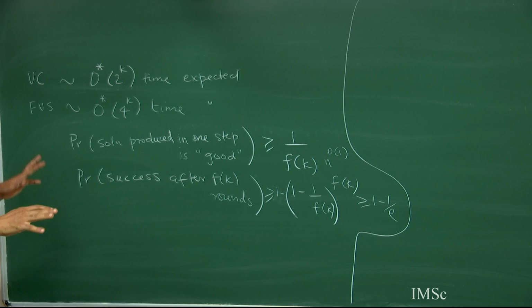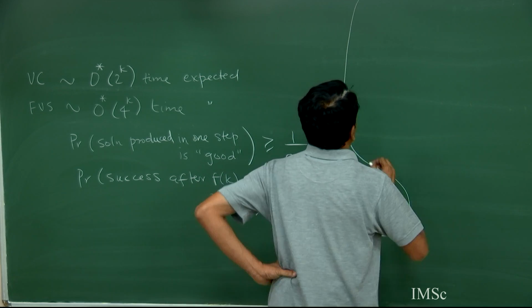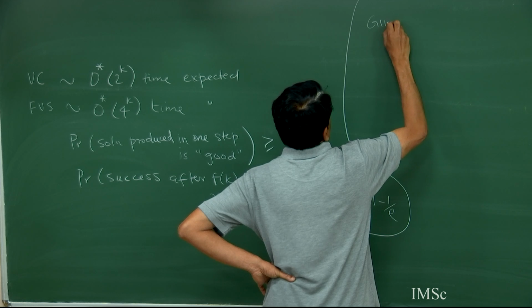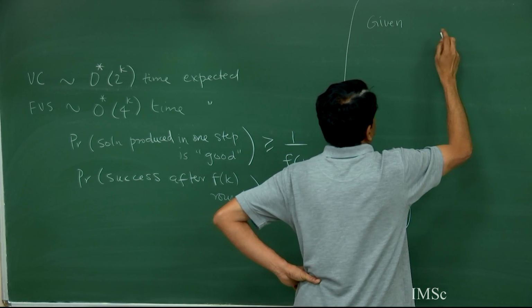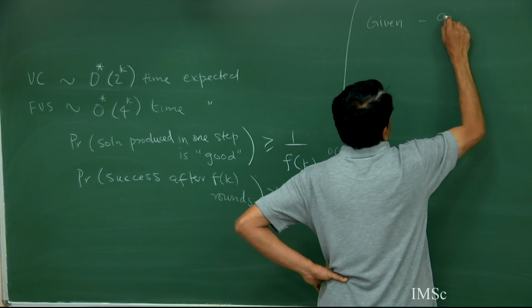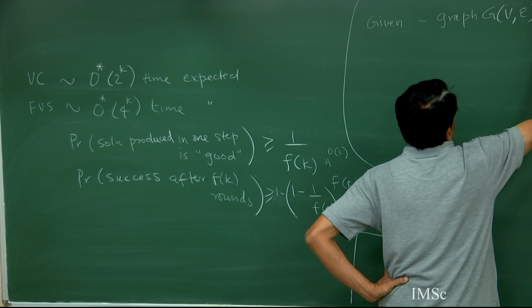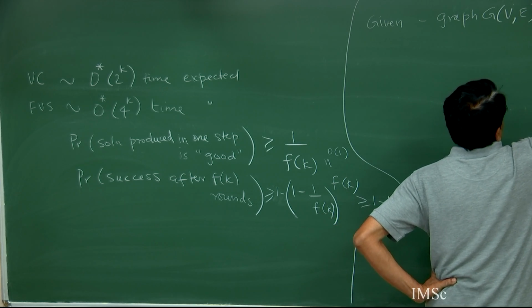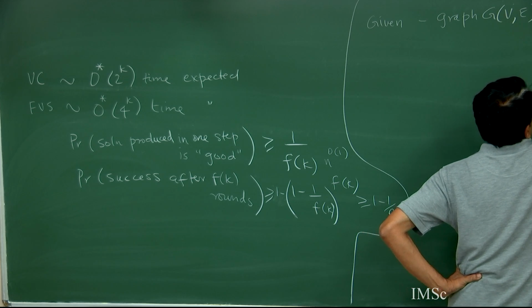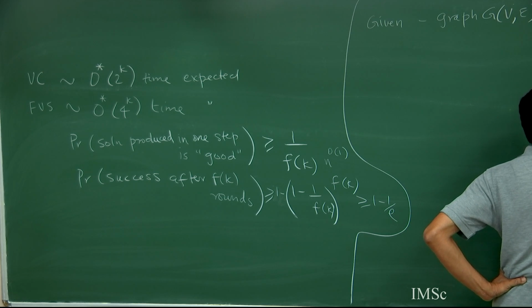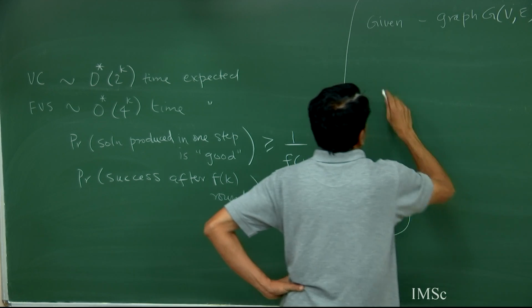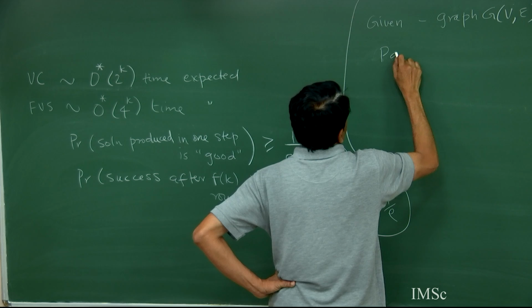What kind of randomization do you do? There are lots of things you can do. We will see one powerful technique for the following problem. Given your graph, undirected or directed, it does not matter, it works for both, and the parameter is k.